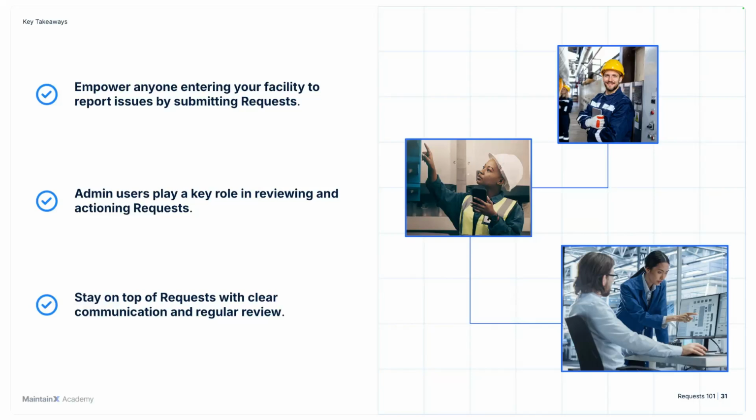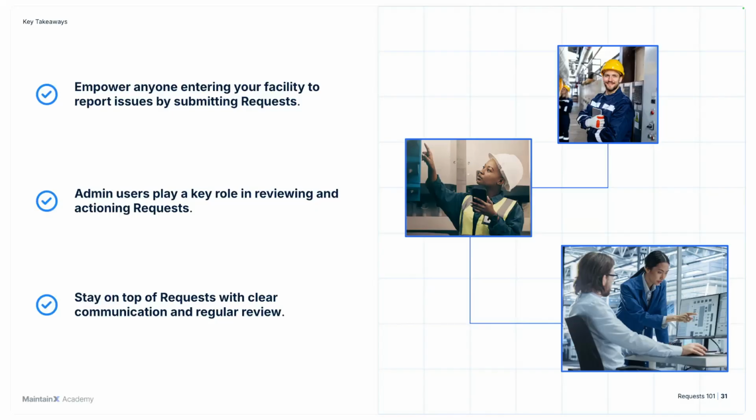So let's go ahead and talk about some of our key takeaways for today's session. First, you want to make it easy for anyone entering your facility, whether it's a vendor, a team member, or a visitor, to submit a request when they spot an issue. The sooner that problems are reported, the faster your team can act. Next, admin users play a key role in reviewing and managing these requests.